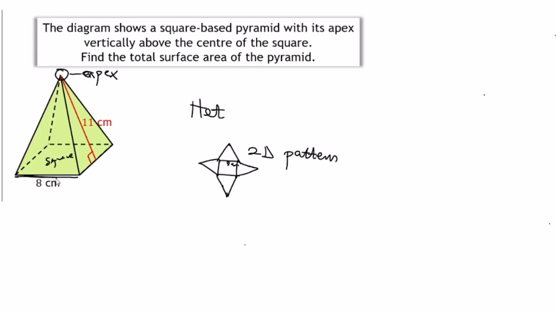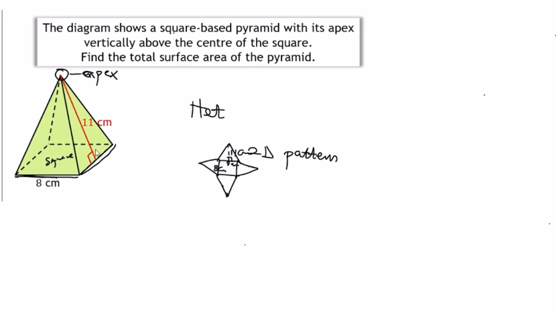Now this side here is the same as this one, which is also 8 centimeters. And since it's a square, all the sides are equal. So the rest of the sides are also 8 centimeters. Then we have the height of one of the triangular faces. That one is 11 centimeters.